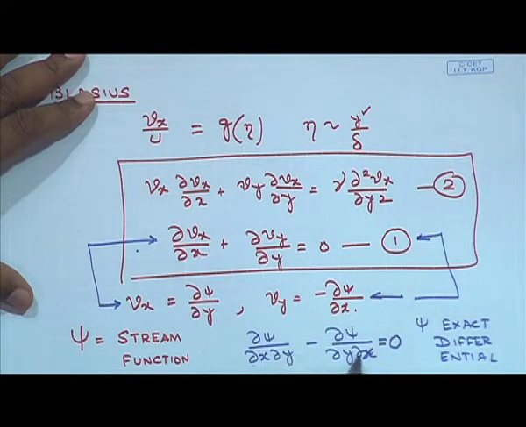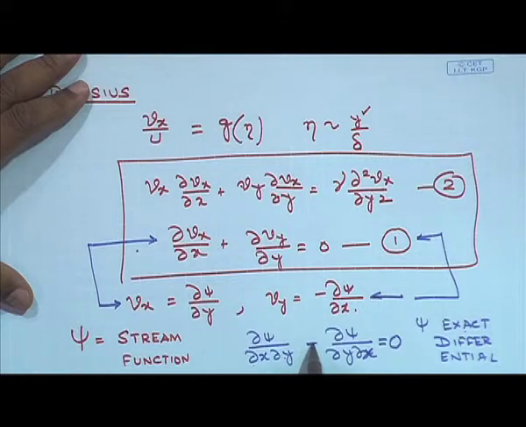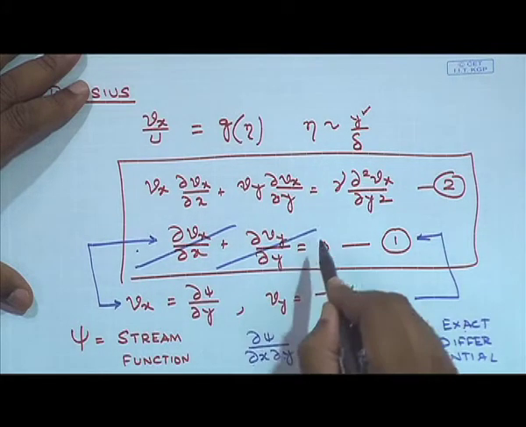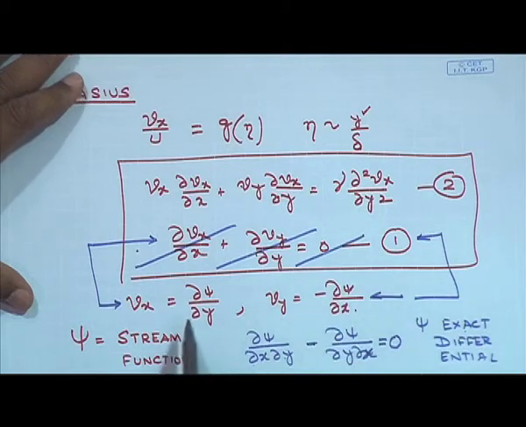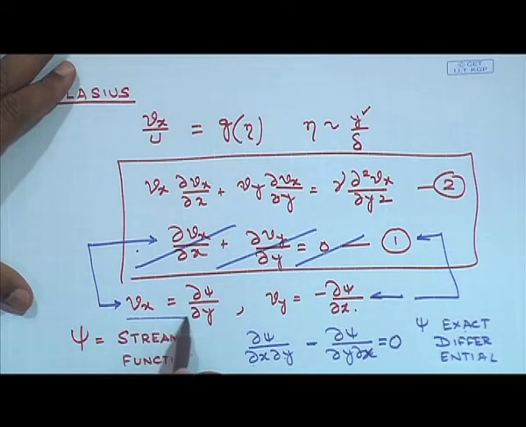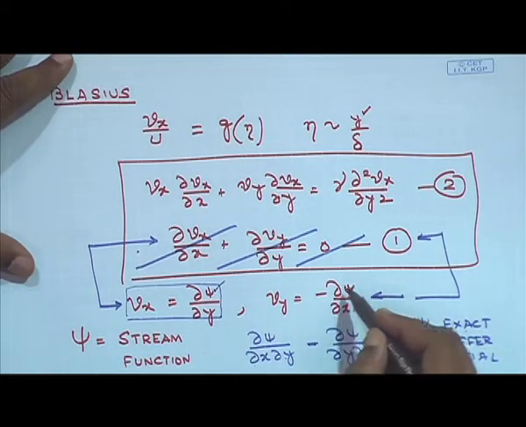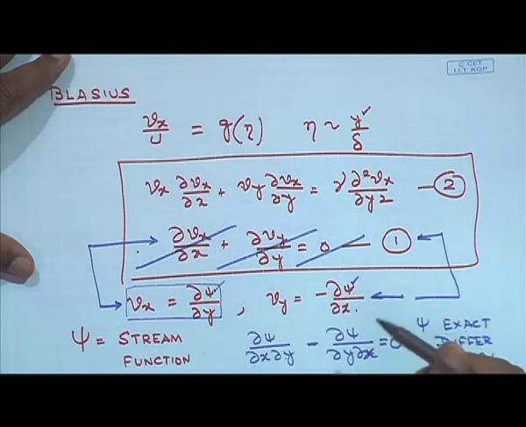Since the order of the differentiation is irrelevant for the case of an exact differential, del squared psi by del x del y and del squared psi by del y del x are essentially equal, and since we have a minus in here, the equation of continuity automatically gets satisfied the moment we start to express Vx and Vy in terms of the stream function.